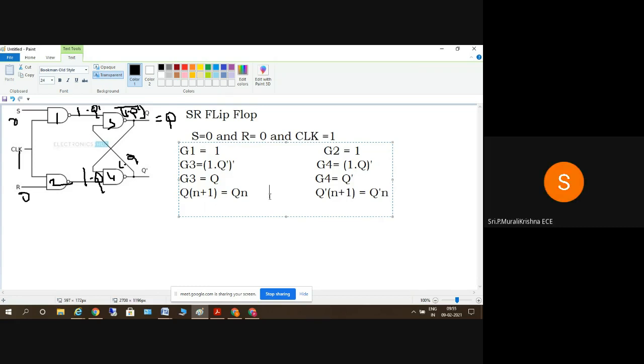So this is the case where S is equal to 0, R is equal to 0, and clock is equal to 1.